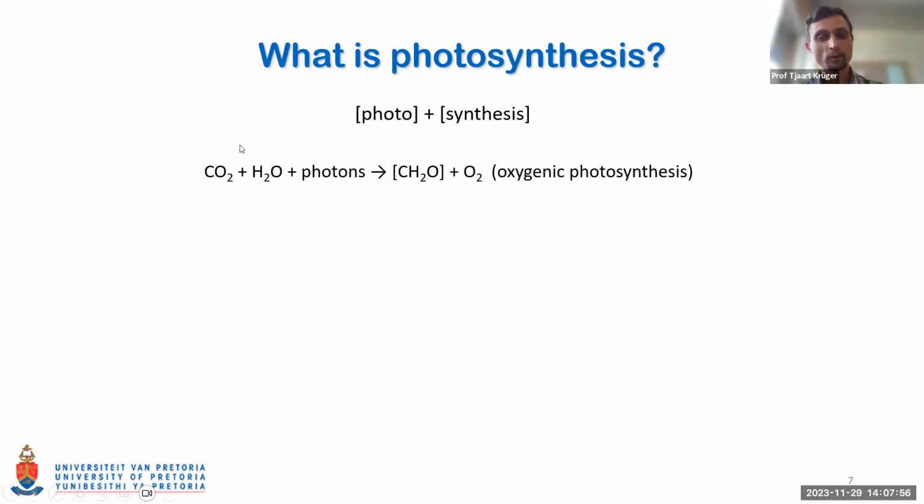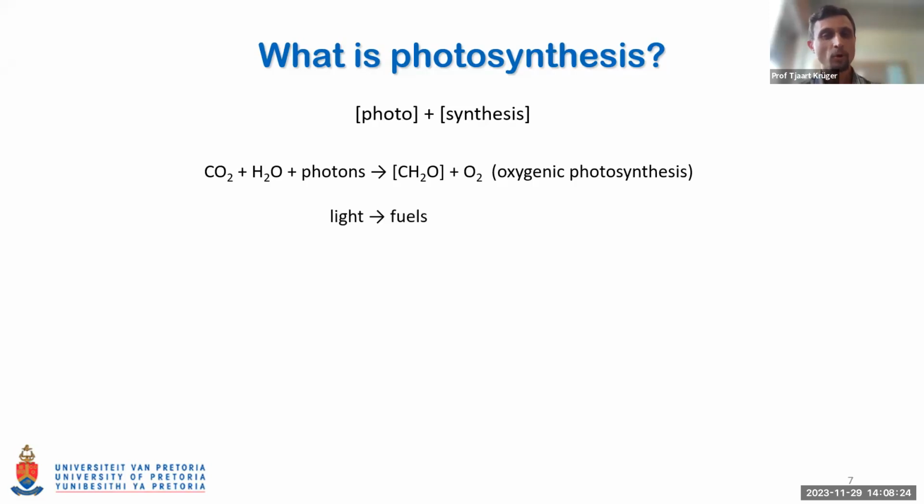Okay, what we have here in this equation on the left-hand side is carbon dioxide and water combined with photons to produce carbohydrates, biomass, and oxygen is given off as a byproduct. So I'm saying that this is a deceptively simple equation because this equation, in fact, captures about 170 chemical reactions.